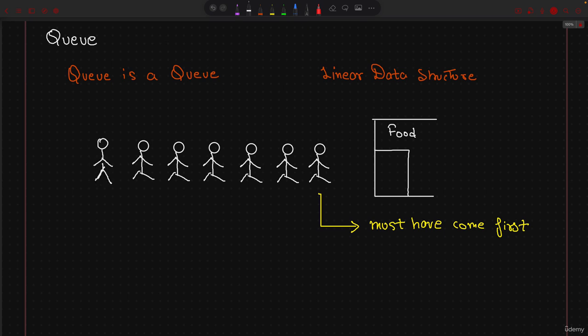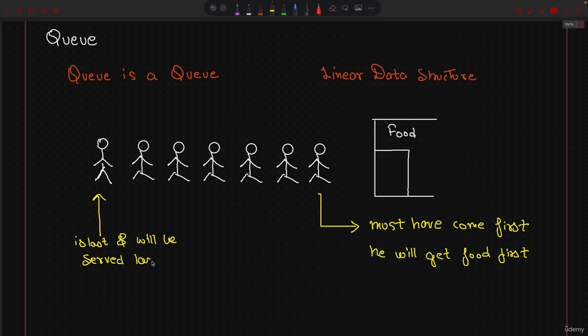This person must have come first, and because of that, he will get food first. In a very similar way, this person who just came is last and will be served last. Pretty straightforward stuff.